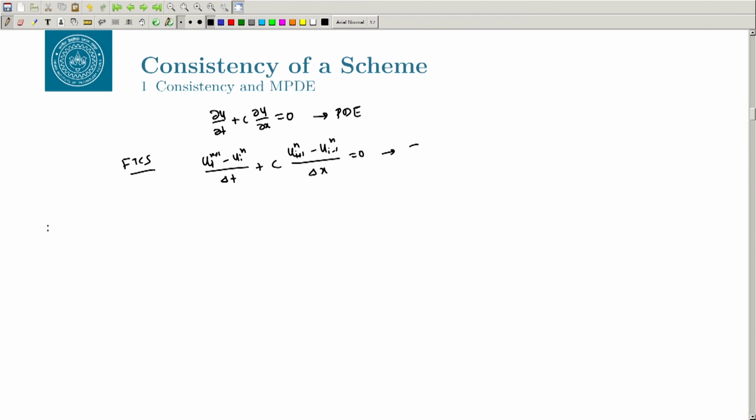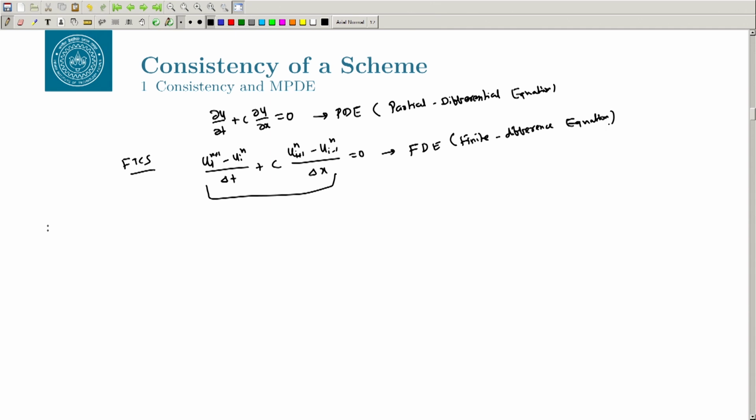So, this is my finite difference scheme equation. This is my partial differential equation and this is your finite difference equation, or discretized equation, obtained by using the FTCS approach.